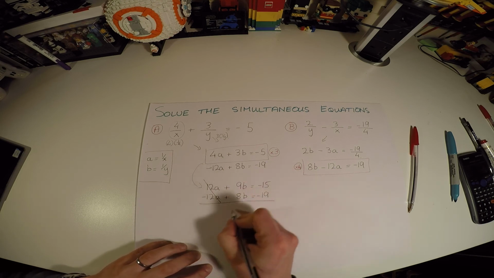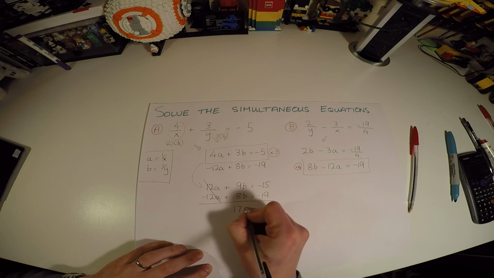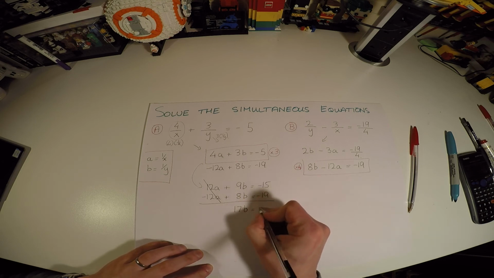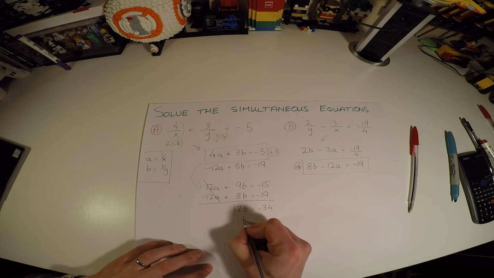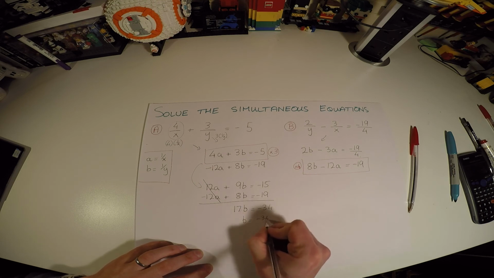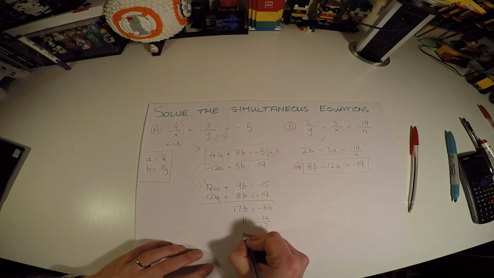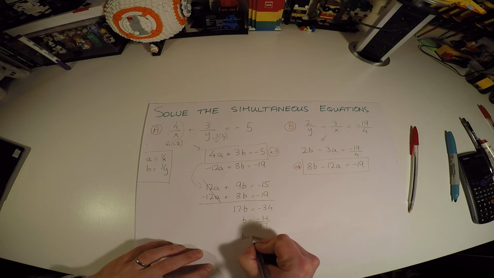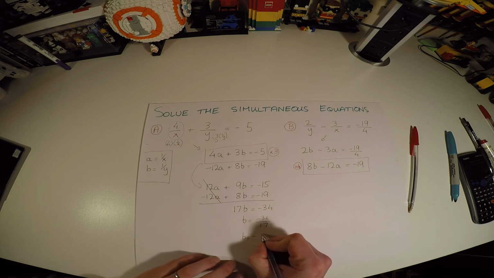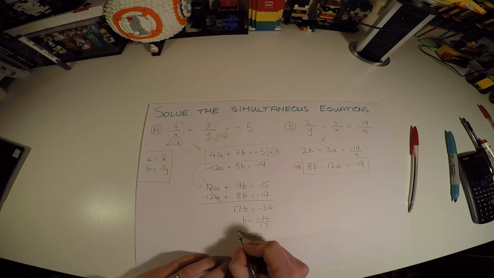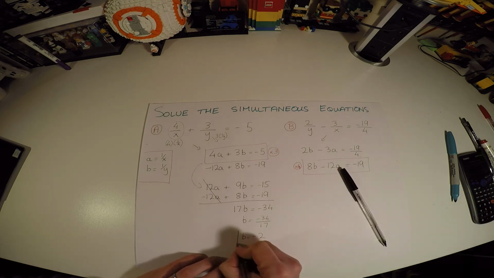Adding these, they cancel. 9 and 8, 17b. 2 of these, minus 34. That means b is equal to minus 34 over 17, meaning b is equal to minus 2. Yeah, so b is equal to minus 2.